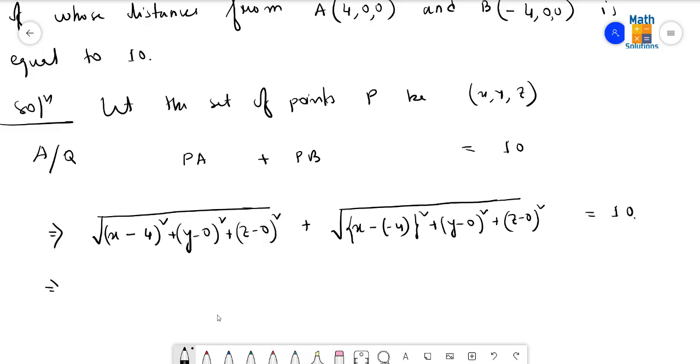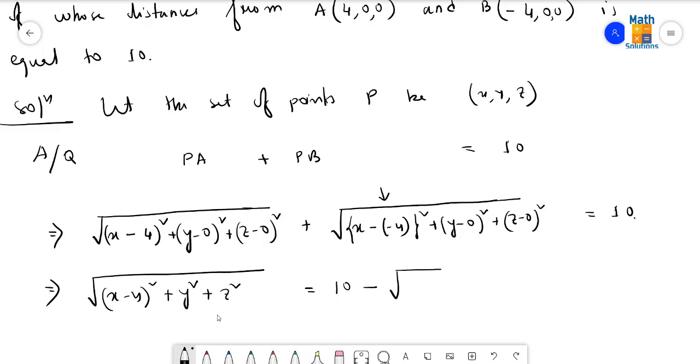Then after what we shall get? Root x minus 4 whole square plus y square plus z square. Then this term will be shifted to the opposite side. So here in this case 10 minus root x plus 4 whole square plus y square plus z square.